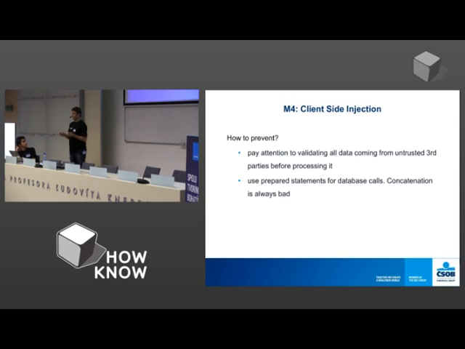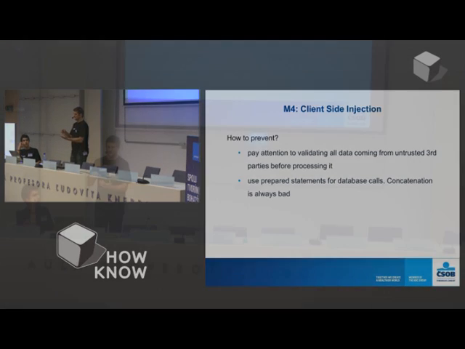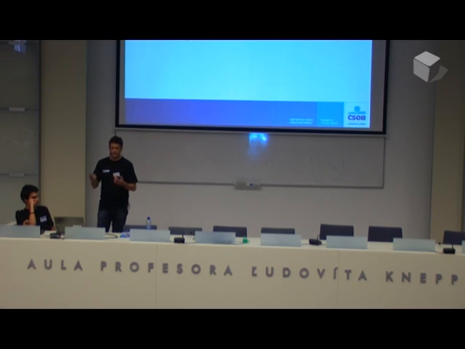How to prevent client-side injection? Basically the same as we used to do on web applications. Pay attention to validating all data coming from untrusted third parties. Thinking I call a website, I call a web service. Before I process this data, first do a little screening. No HTML tags in it, no JavaScript.